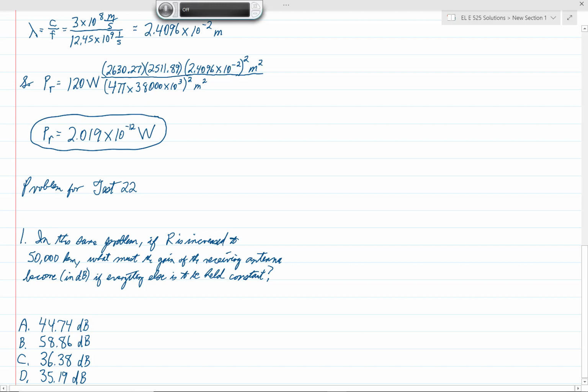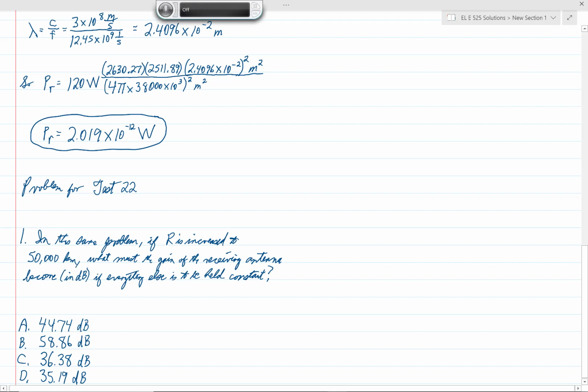So if we want to still have that same received power, and if we want to have the same transmitting antenna and the same transmitted power, if all of that is going to stay the same, but the receiving antenna is moved to a distance, instead of 38,000 kilometers away, it's 50,000 kilometers away, what must we do to the gain of the receiving antenna? What must it become in order for the received power to remain the same?